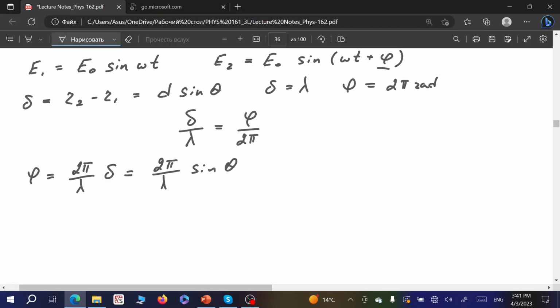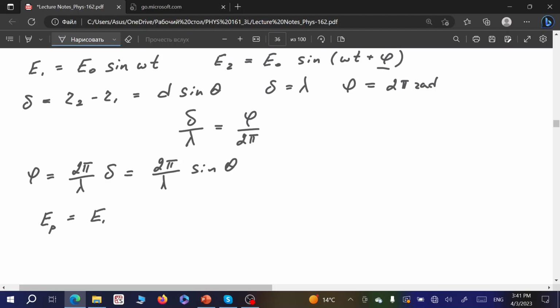So now we want to have a superposition of two waves. So we consider some resultant electric field E at point P, for instance.